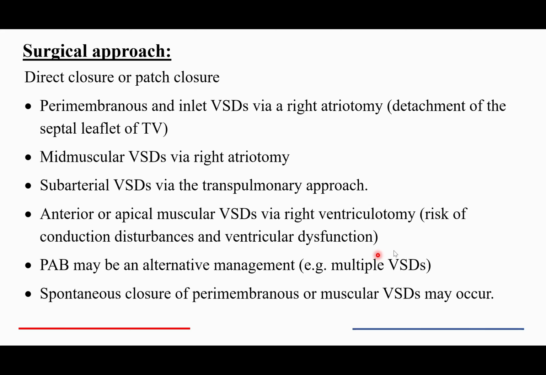Okay, so the surgical approach, either direct closure or patch closure. If the VSD is perimembranous or inlet VSD, so via right atriotomy, detachment of the septal leaflet of the tricuspid valve and then repairing the VSD, because in the perimembranous and the inlet, the VSD is closely related to the tricuspid, so we can see it through the tricuspid valve.